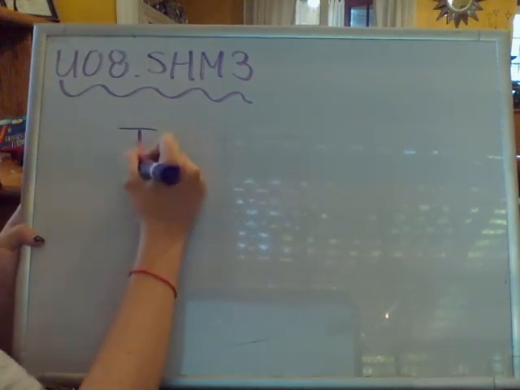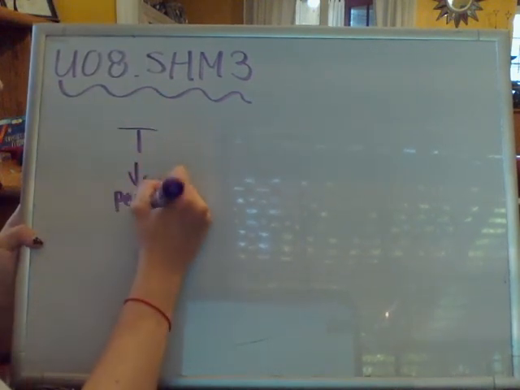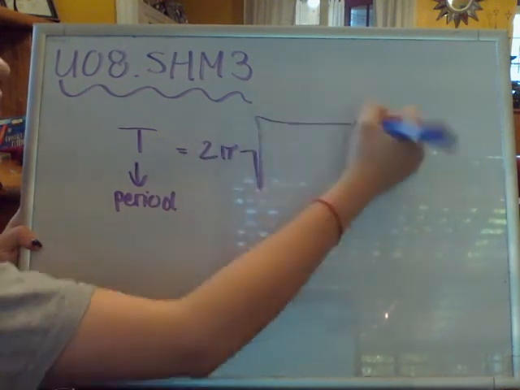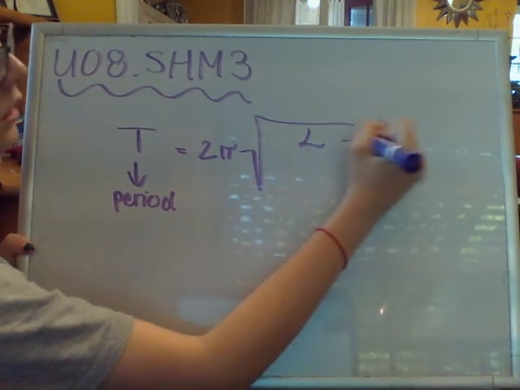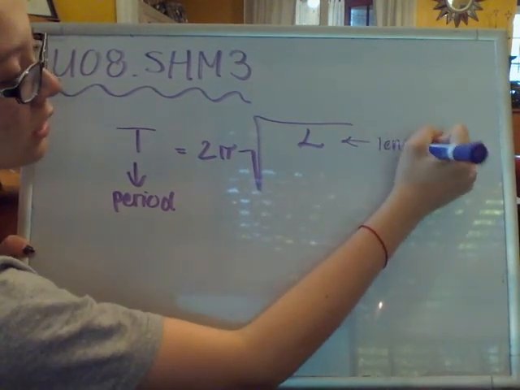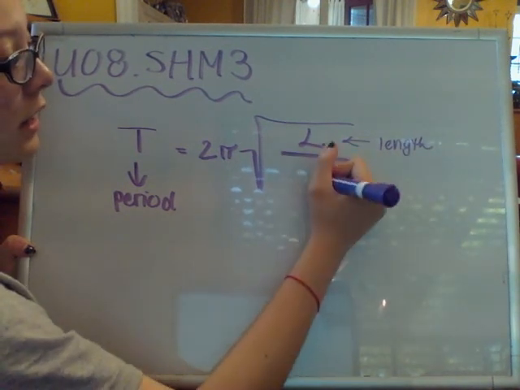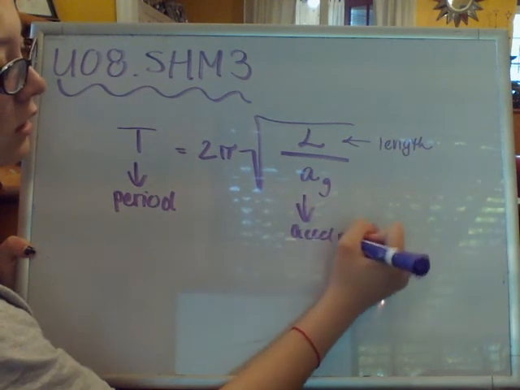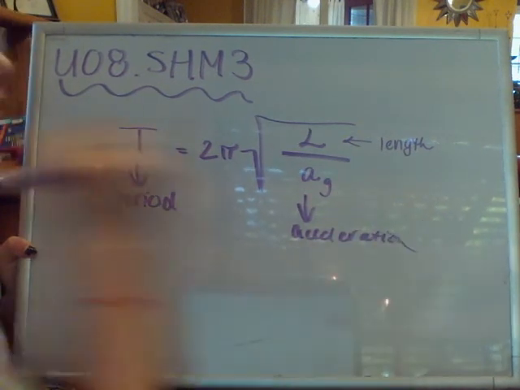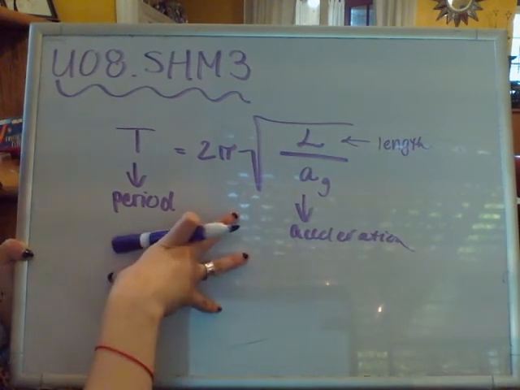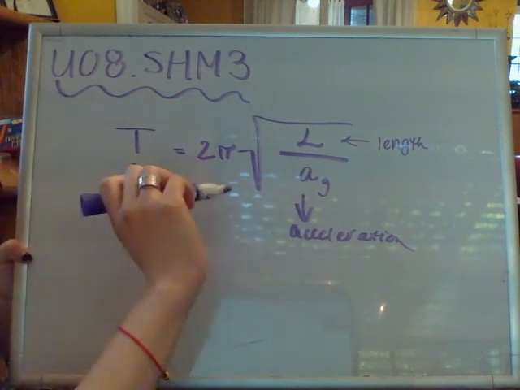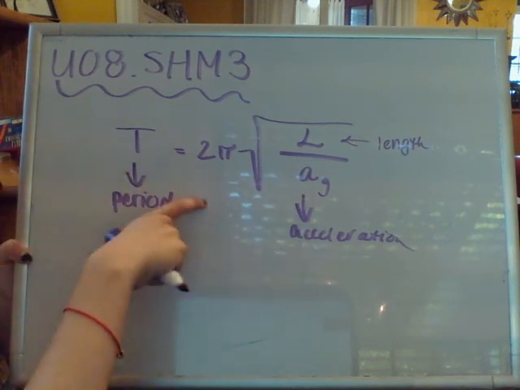And that equation is T, which is your period, equal to 2 pi times the square root of the length divided by your acceleration due to gravity. This is the formula you would use when you're trying to find either the period, the length, or the acceleration of an object in simple harmonic motion.